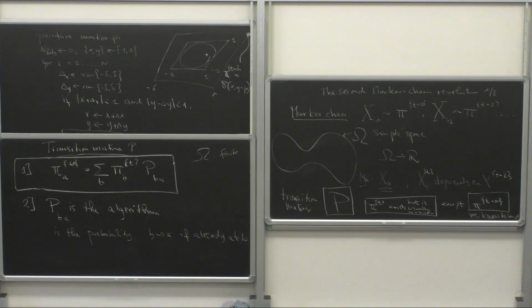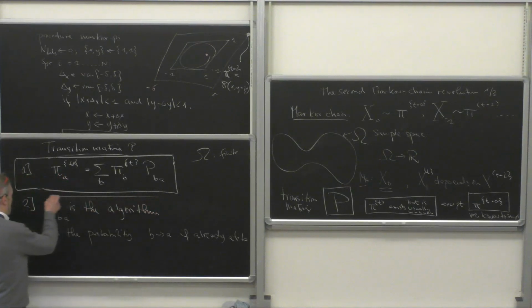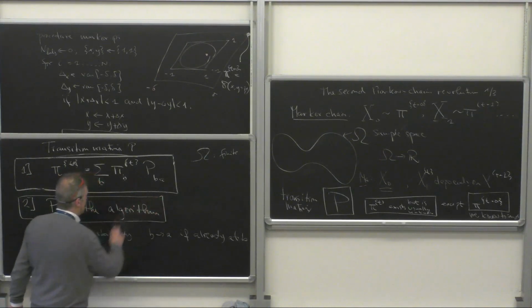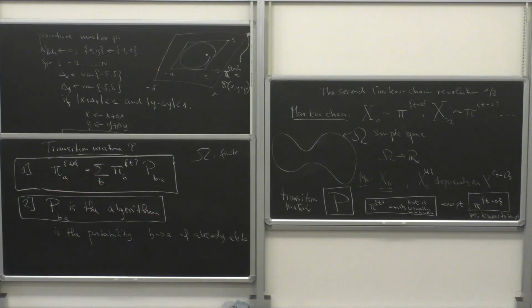That means at some point we will have a random number generator which will let us make a decision to move to A or to other places, but we will take the decision to move from B to A with probability of 40% in that case. So P is the algorithm, and that's a perfectly explicit object that we can program.